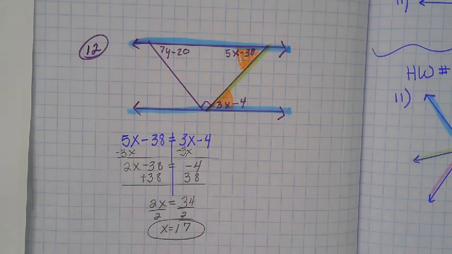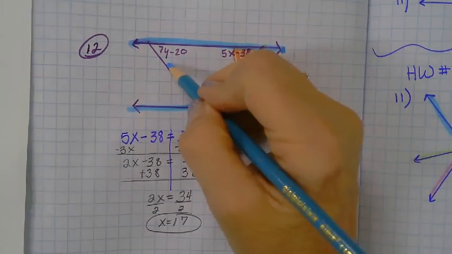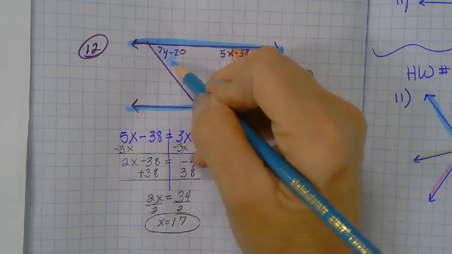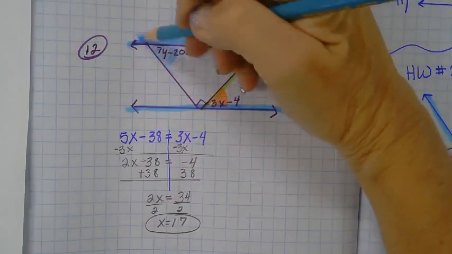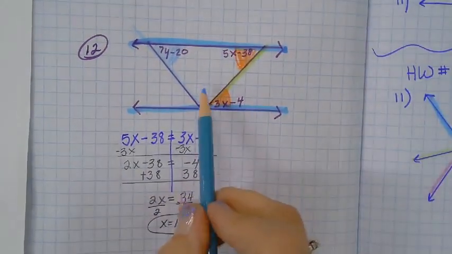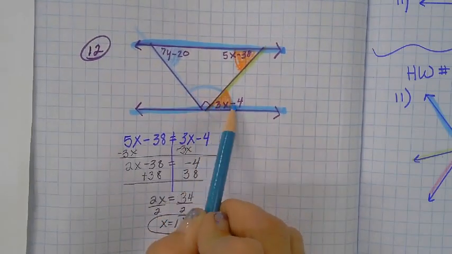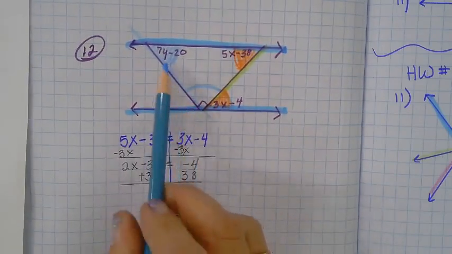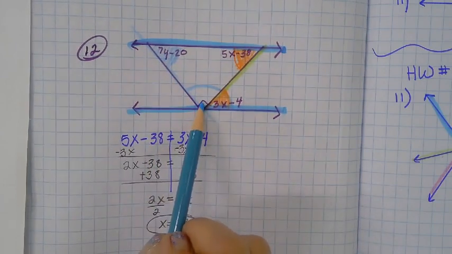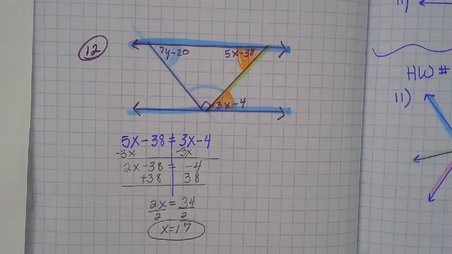Okay, now looking at this, what could we use to solve for y? So y is up here. If this is my transversal, then I can see that this whole angle here, both those little pieces combined, those two would be same side interior, and they would add up to 180.